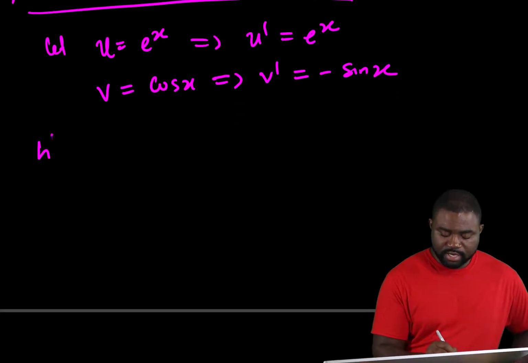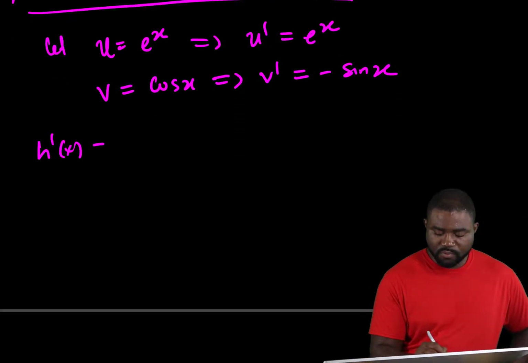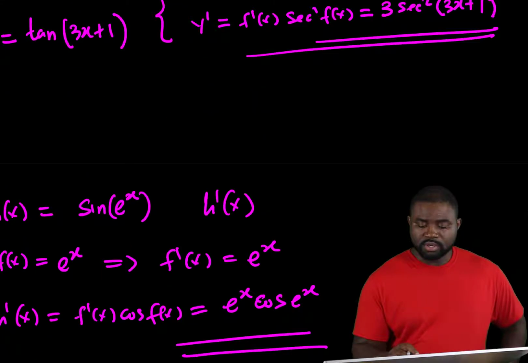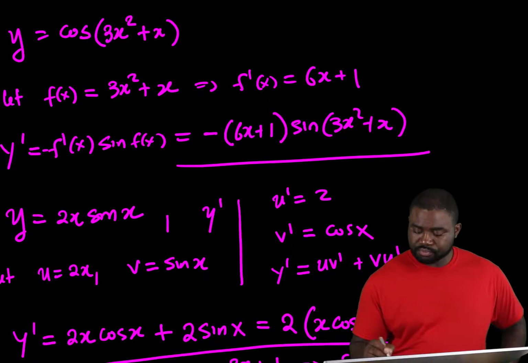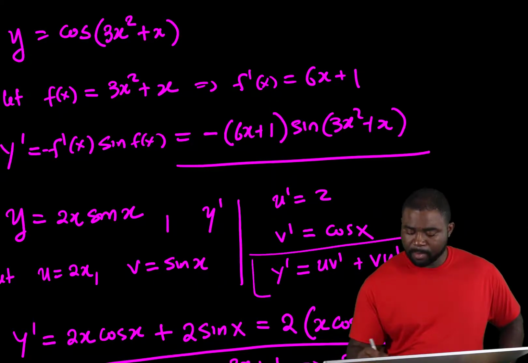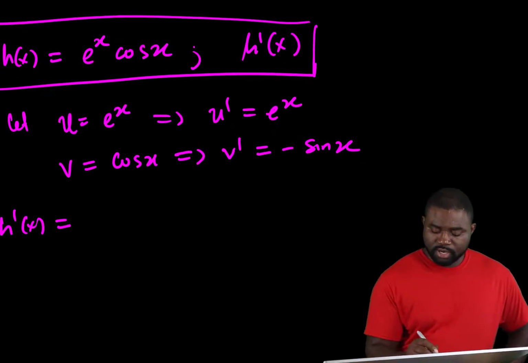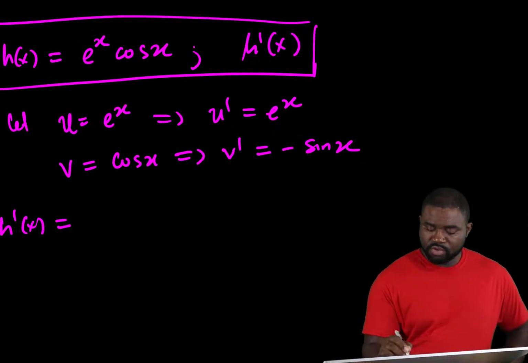Hence, h prime of x will be equal to, if you remember the product rule, it's right here. So you will have here v u prime.